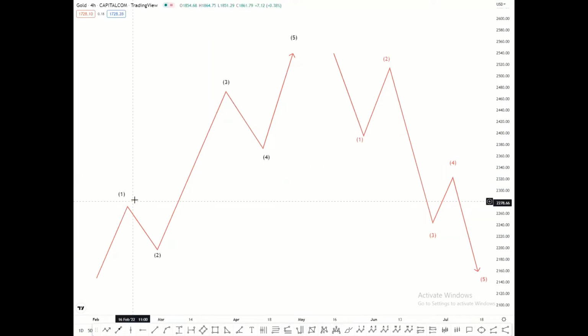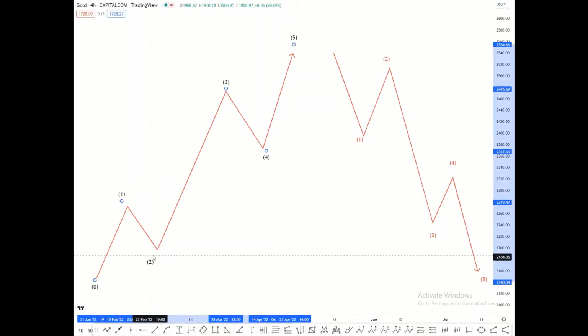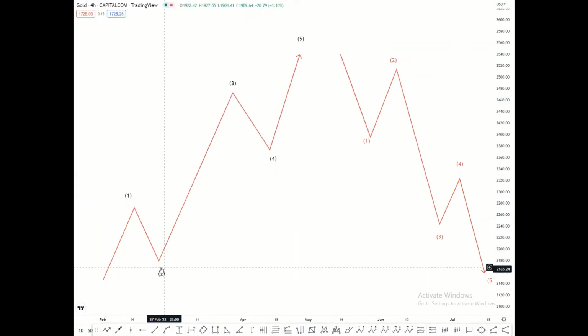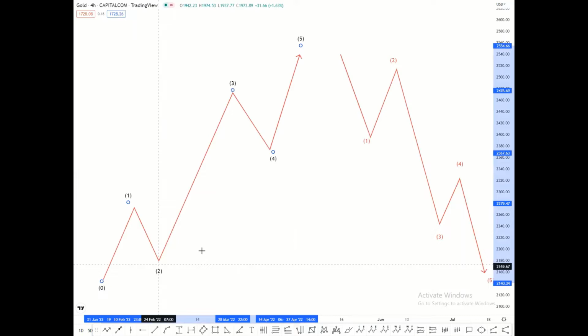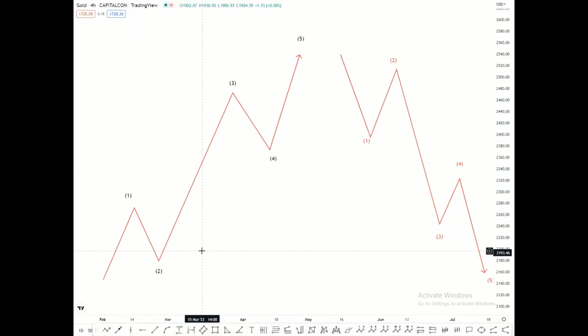Let's take a look at how, when we're trying to find the depth of wave 2, we find where the corrections can terminate. We predict where the corrections will be, their depth, and the amount of time they're going to take to terminate.